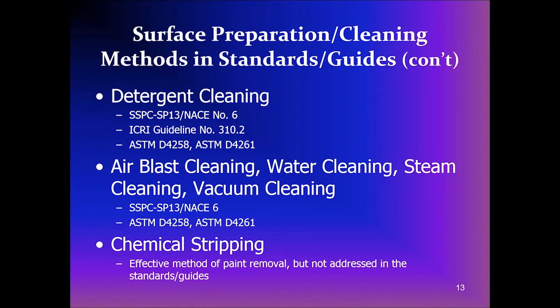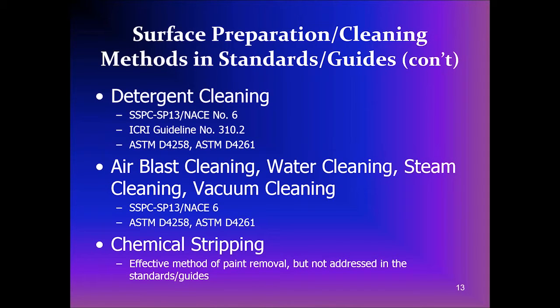For detergent cleaning, again, SSPC and ICRI address it, but for ASTM, it's 2 different methods, D4258 and D4261. For air blast cleaning, water cleaning, steam cleaning, vacuum cleaning, methods for cleaning the surface of the masonry, you've got the SSPC standard and ASTM D4258, D4261. It's not covered in ICRI.